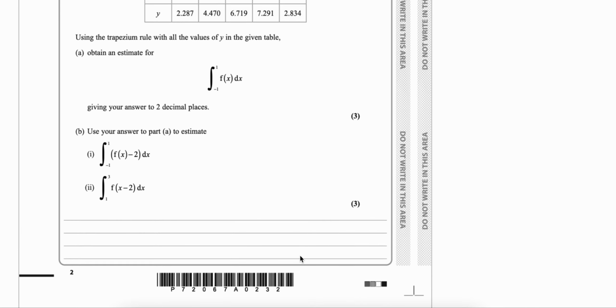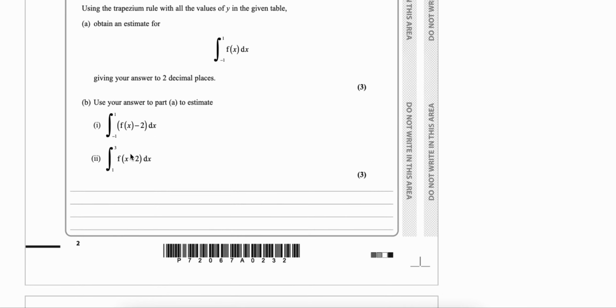Now the second part, this one's interesting. Now here, this is a horizontal translation. You should have studied this in your GCSE as well as P1. It's a horizontal translation of 2, and because it's a negative here, that means it moves the whole thing 2 to the right. But if you look at these limits, we're going from -1 to 1, and we're going from 1 to 3.